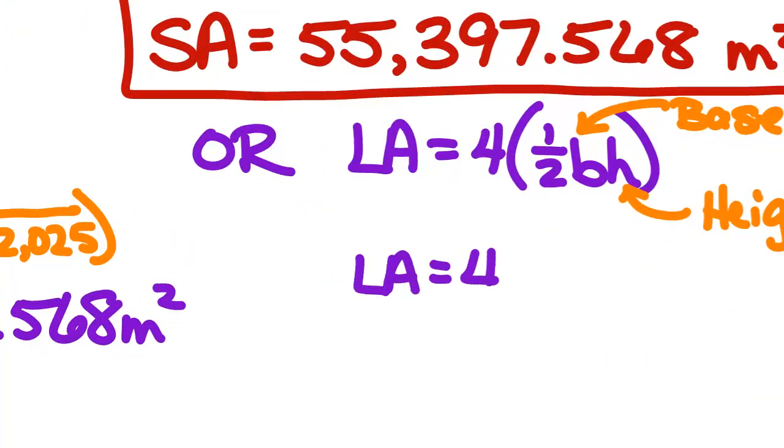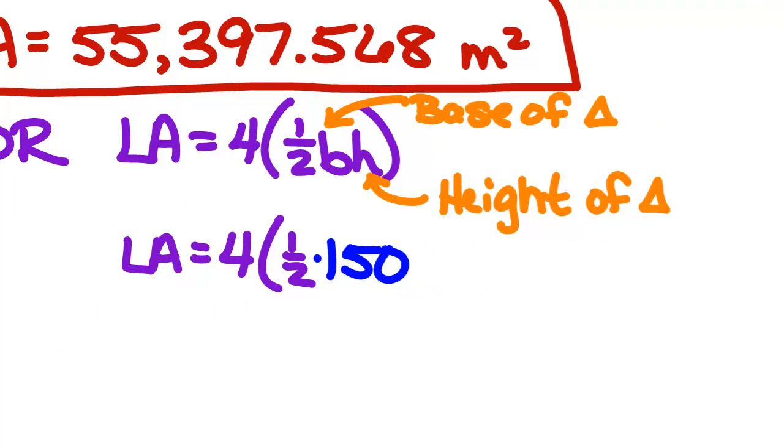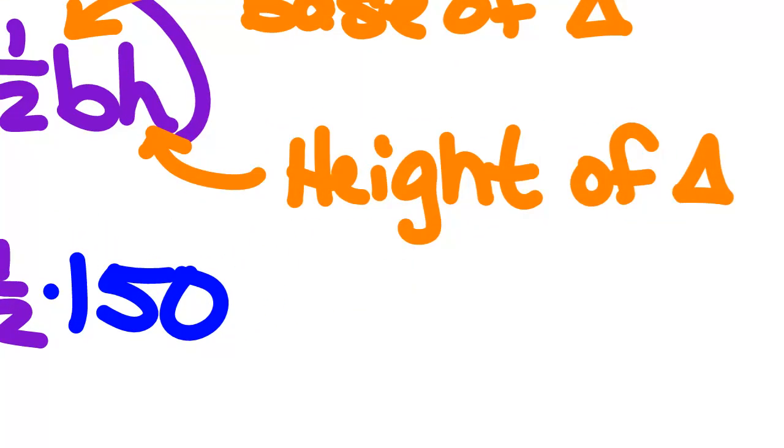So lateral area would be 4 times 1/2 times the base of my triangle, 150. And then I need the height of the triangle. Look just at this green shaded triangle. What were we calling the height of that triangle just a moment ago? The slant height. The height of my triangle is the slant height of my pyramid.